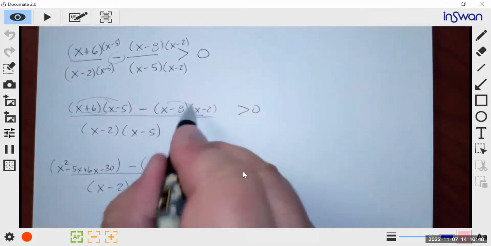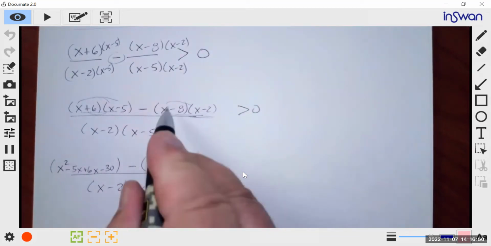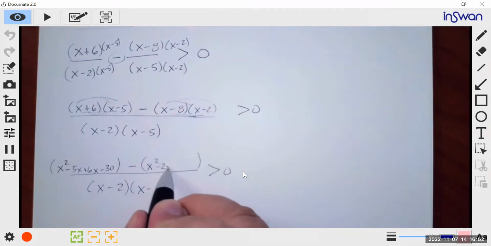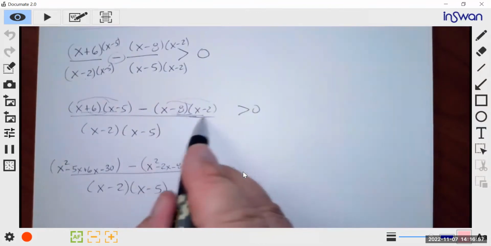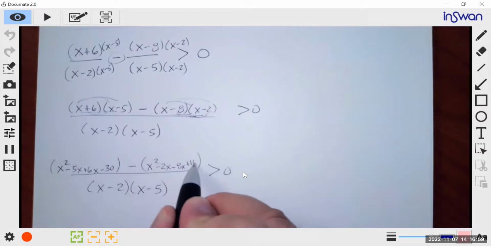The same thing here, x squared. -2x. -8x. Positive 16.